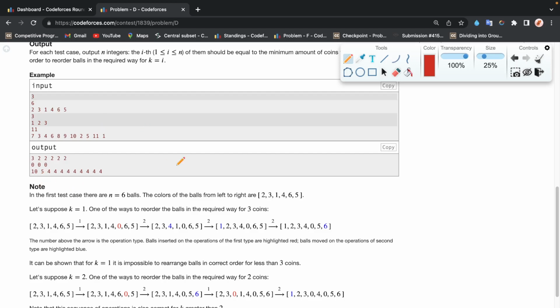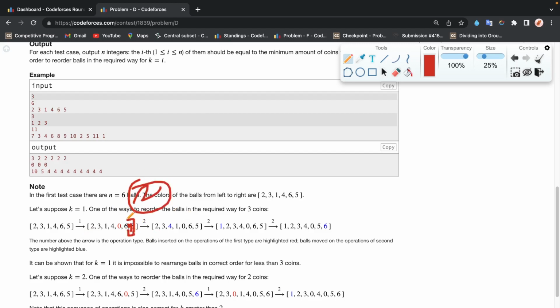Okay, so this ball is sorted, and this is sorted. This 6, I will send it to the 5 and something like that. So if this was 645, then it would only take two operations.